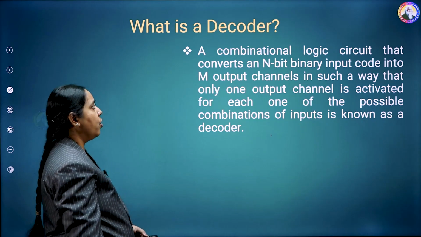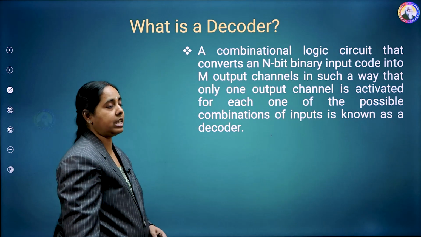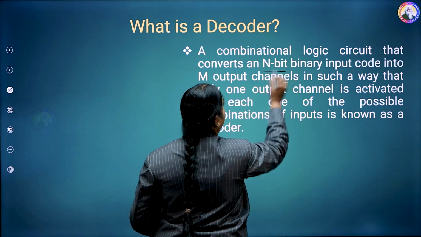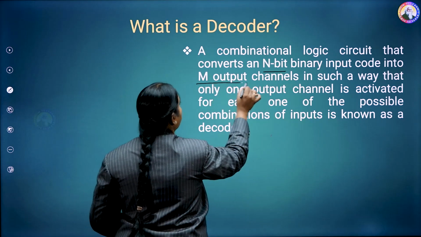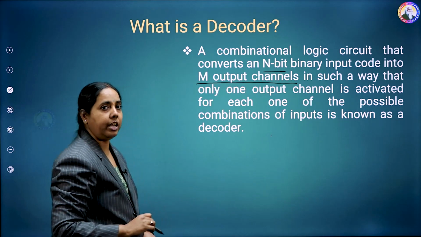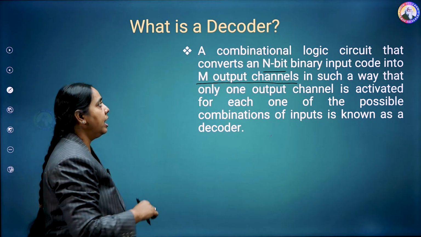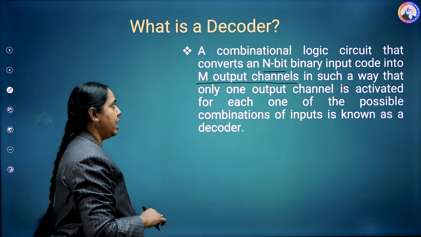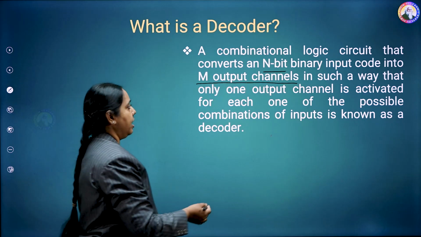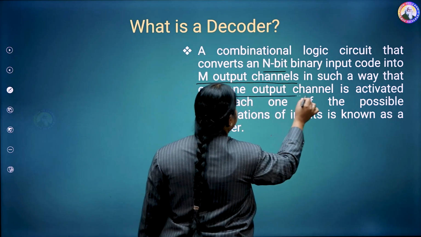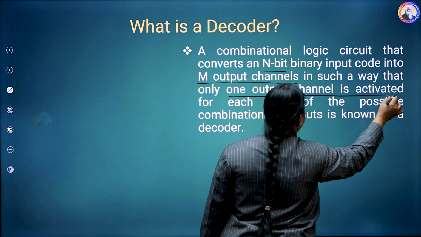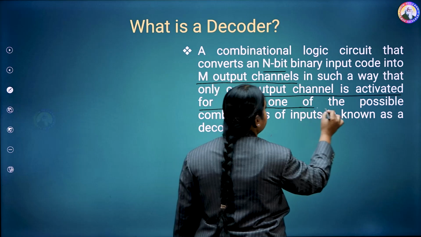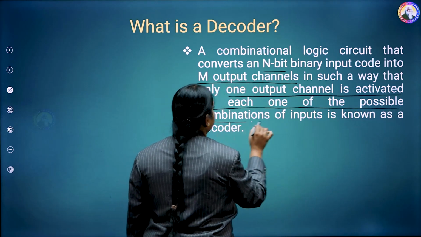A decoder is a combinational logic circuit that converts an n-bit binary input code into m output channels in such a way that one output channel is activated for each one of the possible combinations of inputs.